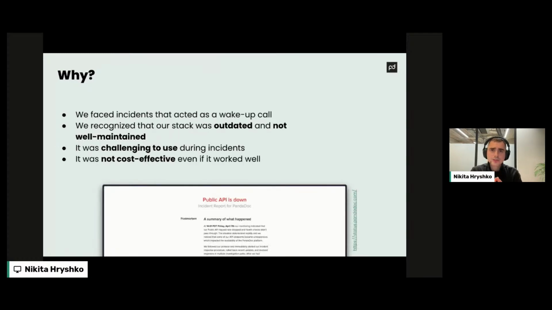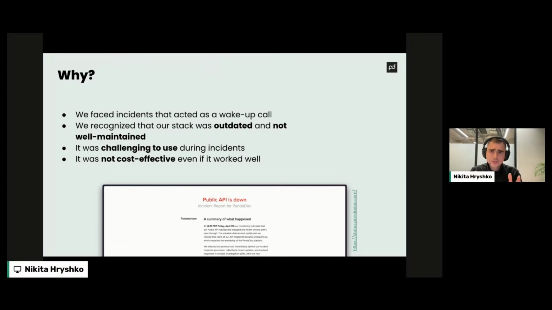In the first quarter of this year, we encountered several critical incidents that acted as, let's say, a wake-up call. Alongside other engineers, I participated in resolving these incidents and witnessed firsthand that our observability stack, unfortunately, was outdated, and I don't like to say it, but not really well maintained.